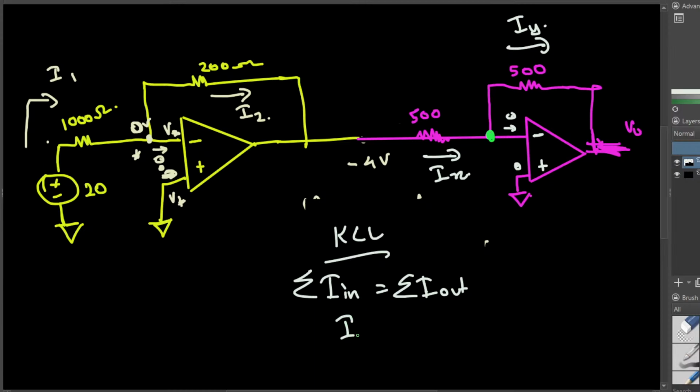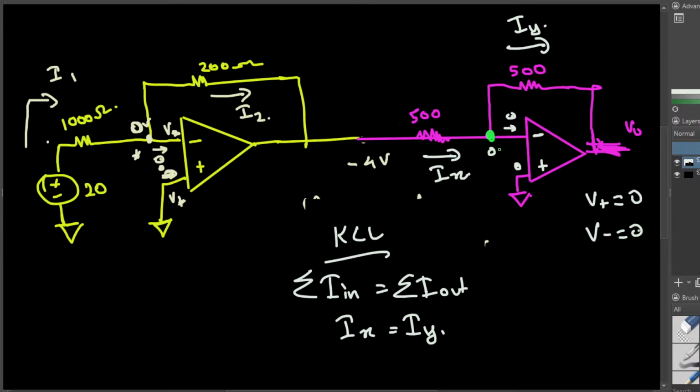So we put Ix equal to Iy, and this voltage is 0 volts because you can see the plus terminal is connected to the ground. In our op-amp circuit, whatever the plus terminal voltage is will be equal to the voltage in the minus terminal as well. So if V plus is equal to 0, then V minus is also equal to 0.